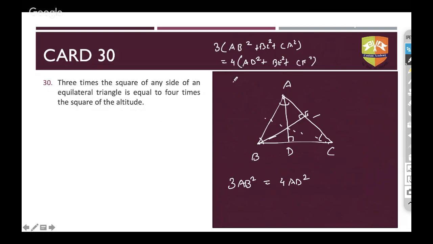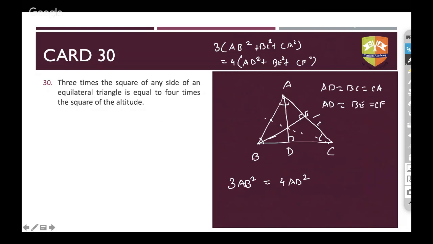Now, in case of equilateral triangle, AB is equal to BC is equal to CA. All sides are equal, and altitudes and medians are also equal. So you can write AD is equal to BE is equal to CF.